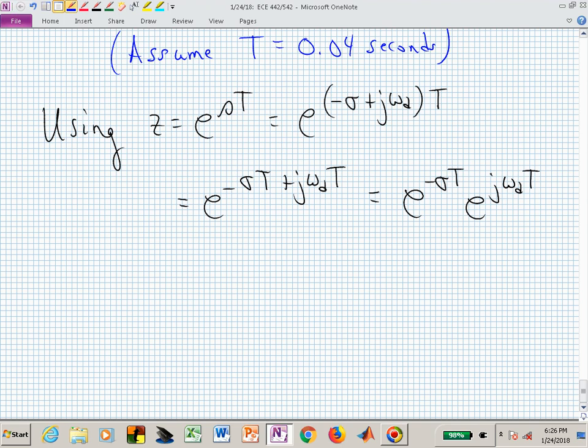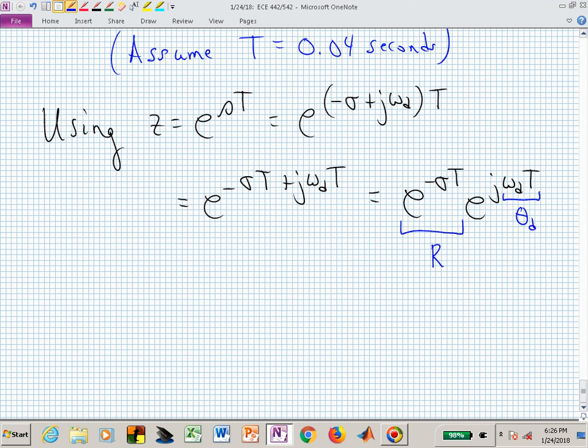But we can make this look a little cleaner if we simply say, oh, that's some real number. Let me call it r. Think what we had: sigma of 3 and t was 0.04. So that's just going to be e to the minus some number, which gives us a real quantity r. What happens in this other piece? Well, we might just collapse these two and call that theta sub d.